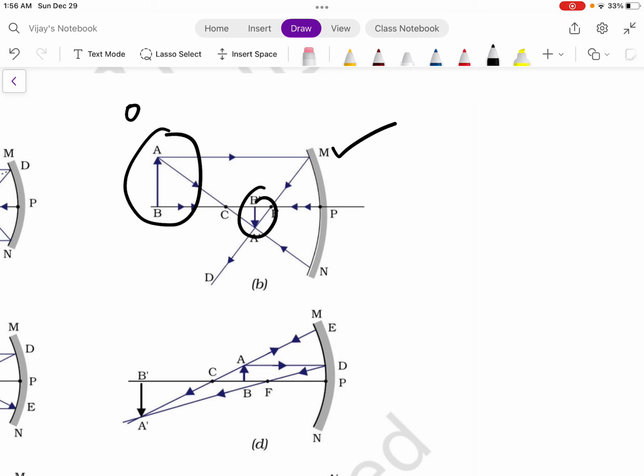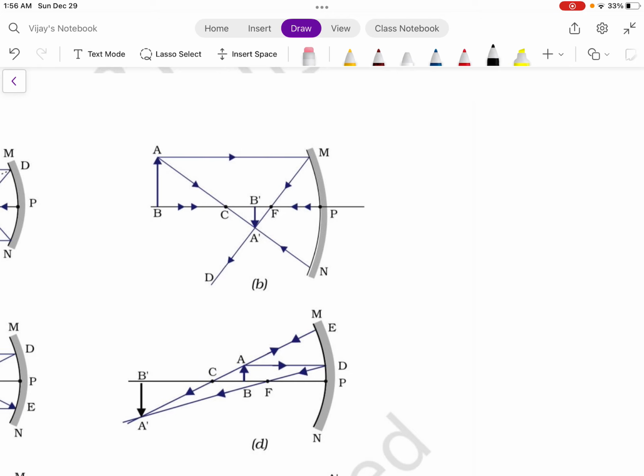The image which is formed here, I can keep a screen over here and I can see that image on a screen. Screen means I can put a paper or I can put a white screen. So this image is able to form on a screen. So this is a real image. So what is the first point? First point I have said that real image is an image which is formed on a screen.